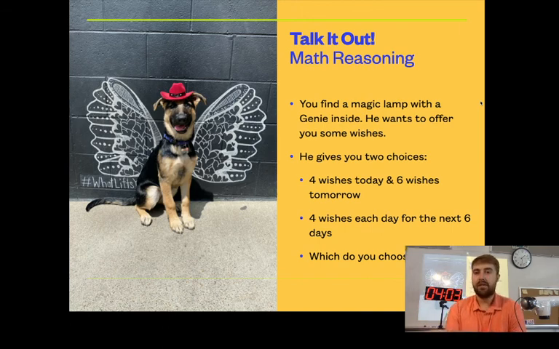He wants to offer you some wishes. He gives you two choices. 4 wishes today and 6 wishes tomorrow, or 4 wishes each day for the next 6 days. Which one do you choose? Why? Think about that question, post your answer somewhere in a comment or in a discussion post, or send it to me in a message. But I can't wait to hear which one you choose and why.